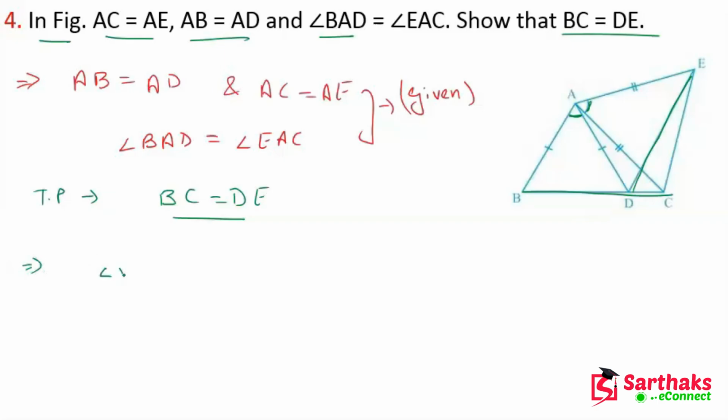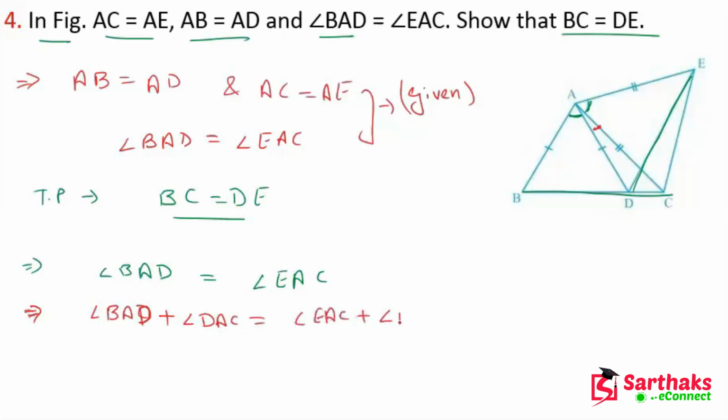Now we know that angle BAD is equal to angle EAC. In this equation we have to add angle DAC on both sides, this angle. So angle BAD plus angle DAC is equal to angle EAC plus angle DAC. Now listen to me very carefully.